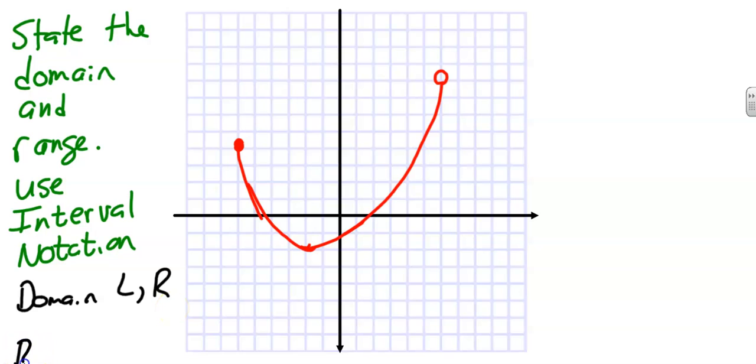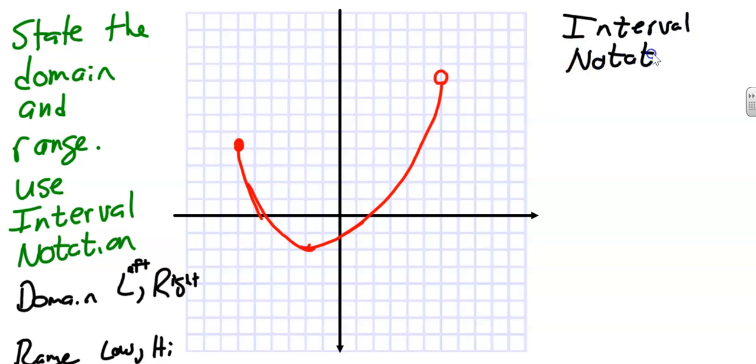When you talk about the range, you're going to tell me what your low number is, and you're going to go to the high number. So for domain, you tell me the farthest number on the left and the farthest number on the right. Range, again, because it's the y values, is moving up and down on the graph, so you tell me what the lowest number is, and then the highest number.